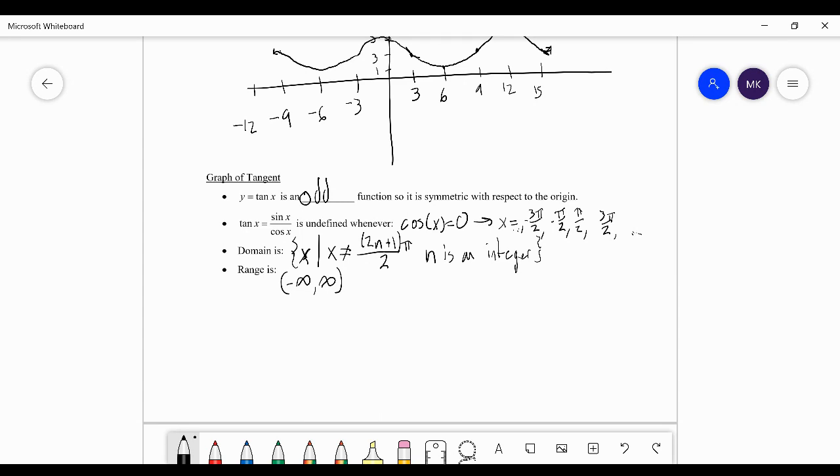Now, with this function, we graphed it a little bit and we looked at it, but I want to graph just one part. Negative pi over 2, pi over 2.